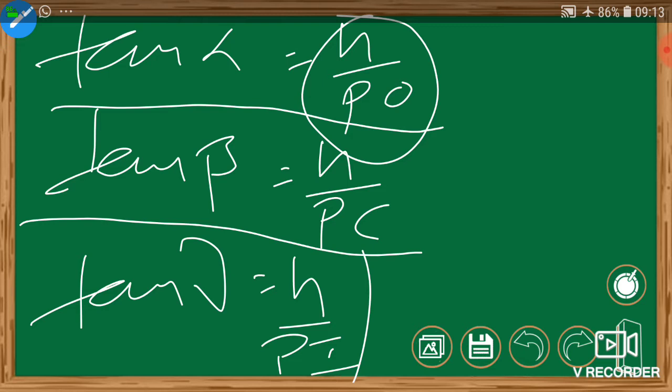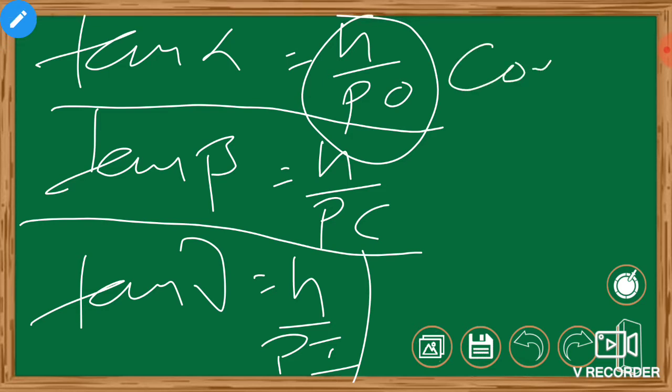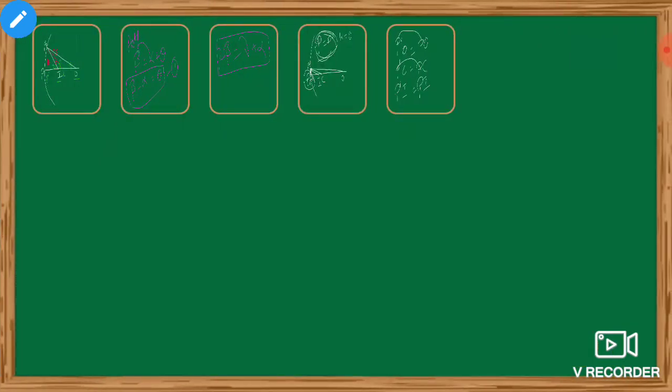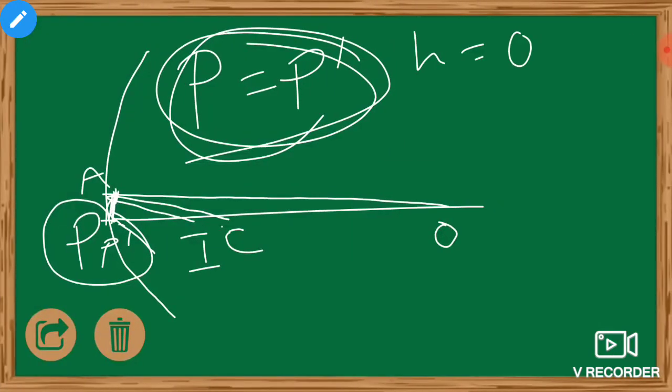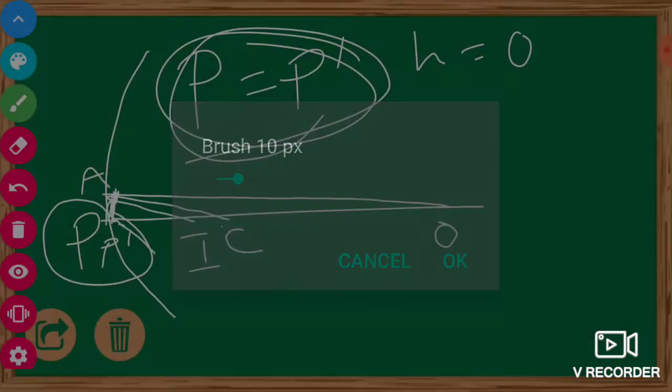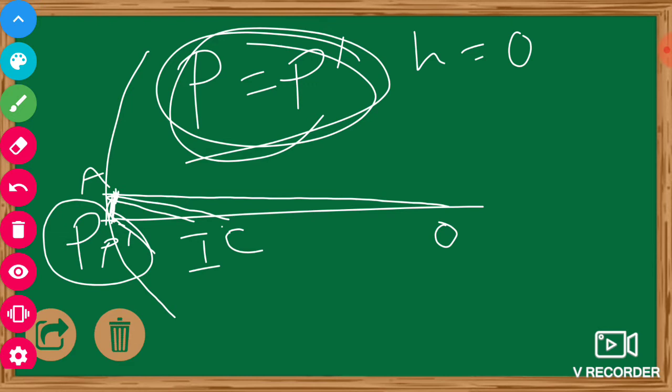So here let's consider another case, case 2. If theta is very small. From the figure, we find the theta here.